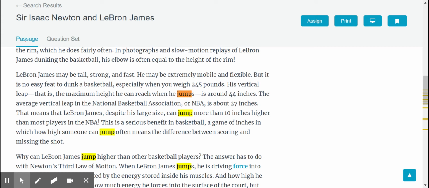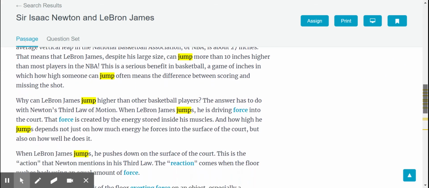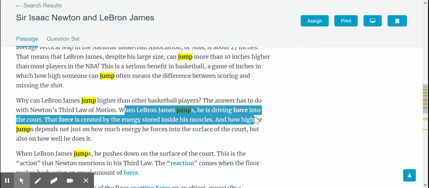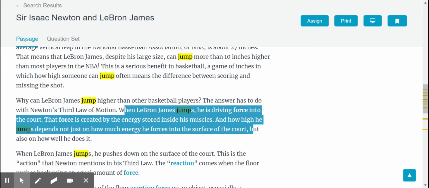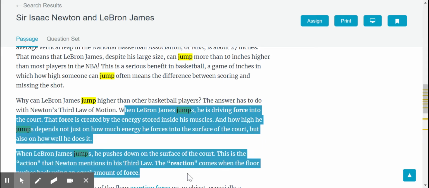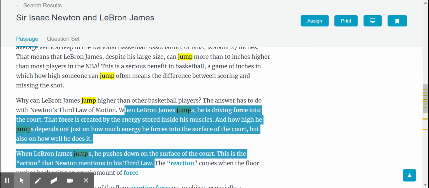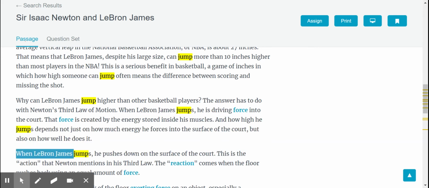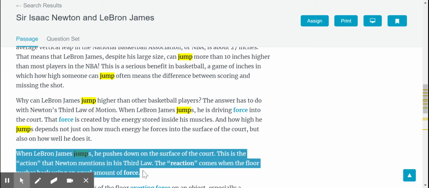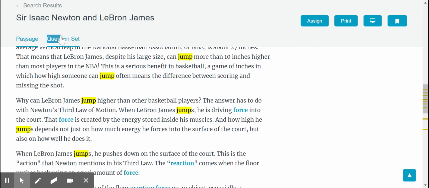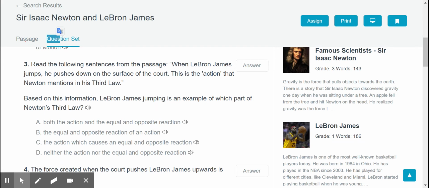Okay, I'm looking for action, reaction. Okay, when LeBron James jumps, he's driving force into the court. How high he jumps depends on how much force he enters. This is the action. So there it is. It says, when LeBron James jumps, he pushes down. This is the action. Okay? So I don't need the word reaction.